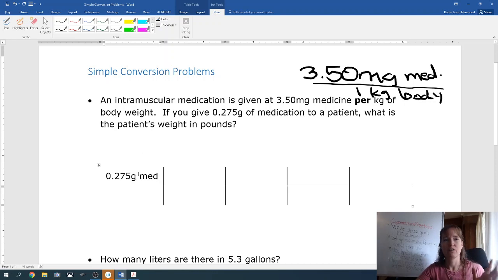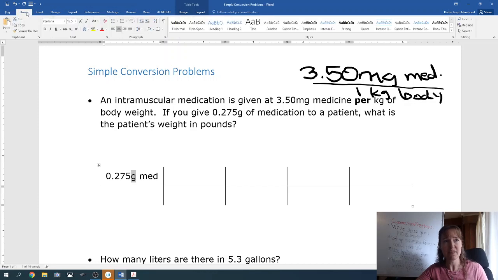When you write down your measurement, the first thing you want to do is think of a conversion factor that will get rid of the unit that you're given, because that is not the unit that you want. We have grams, so I'm going to need a conversion factor to get rid of grams of medication.